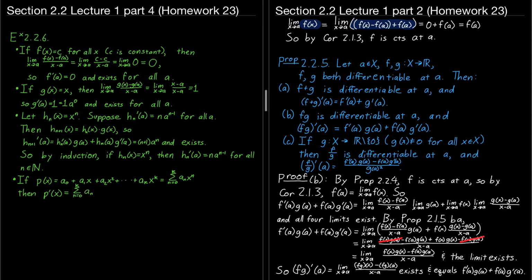The a_n, the constant, hangs out front. The derivative of a constant is 0. So when we apply the product rule here, we get a_n times n x to the n minus 1. And the part that involves the derivative of a_n is just 0. So you can write this as a_1 plus 2 a_2 x, and so on, plus up to k a_k x to the k minus 1.